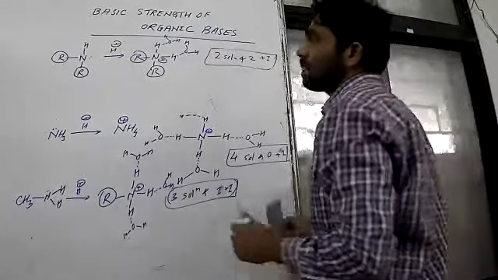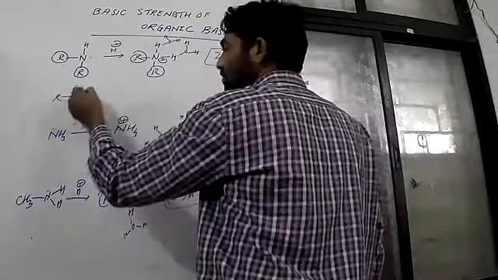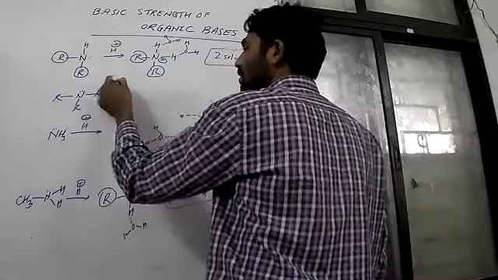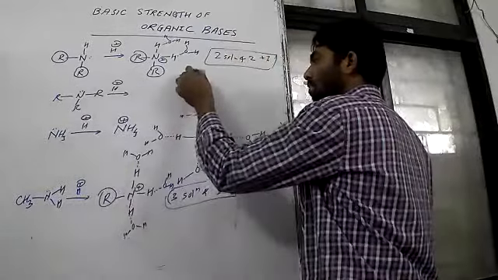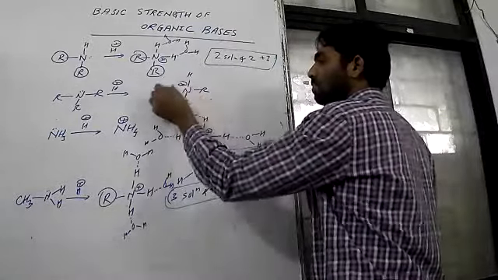And what do you say for the tertiary amine? If we take tertiary amine and it abstracts a proton, what do you find? Only one solvation and three alkyl groups.